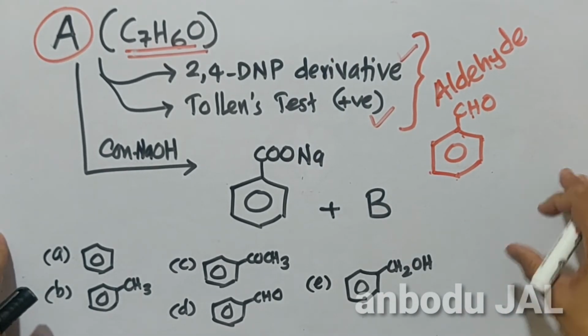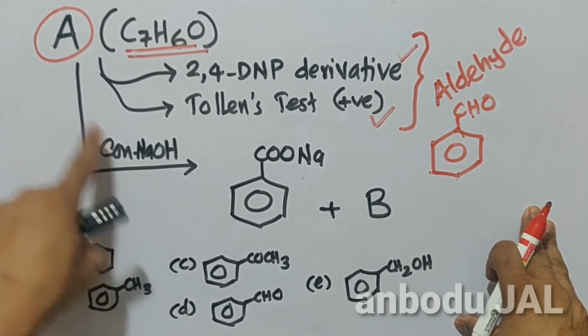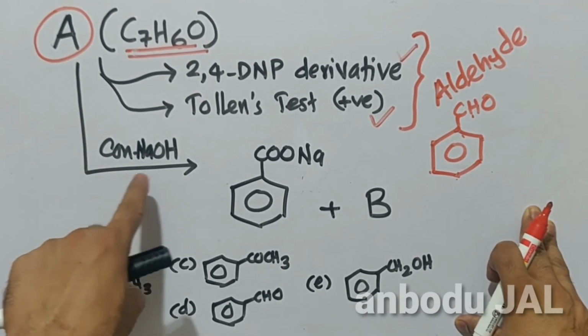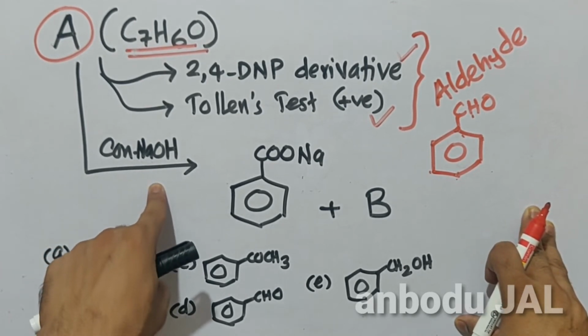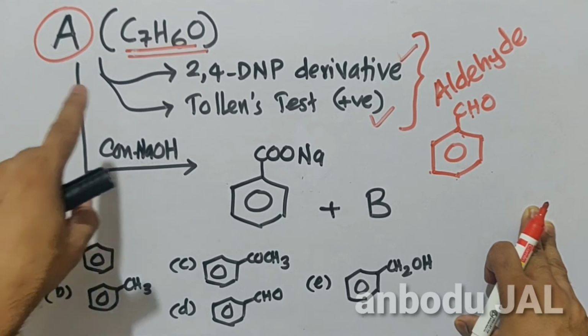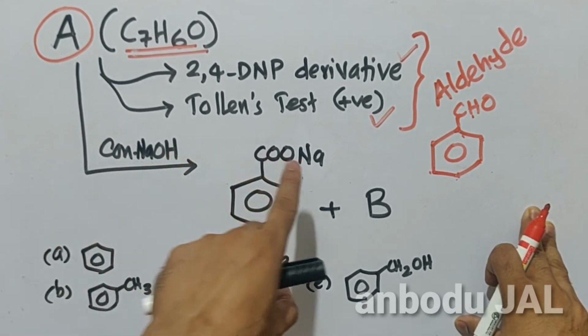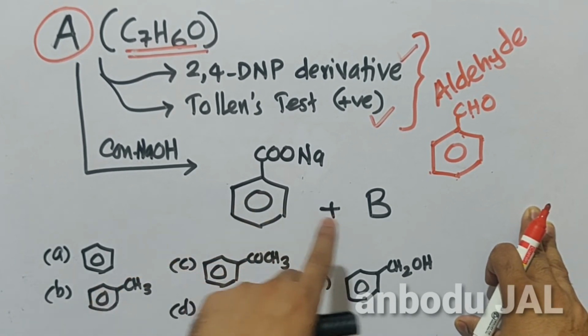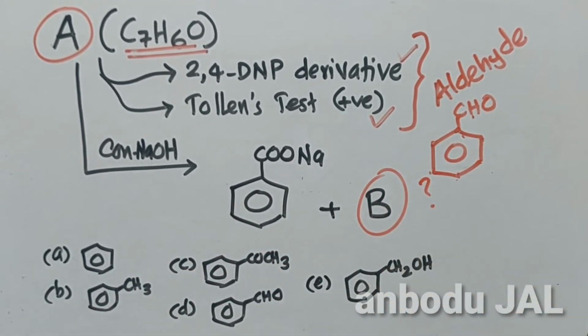Then for confirmation, the next step is given in the question. That is, when the compound is treated with concentrated NaOH, which in the question paper is given as KOH by mistake, sodium benzoate and B are formed. What is B? That is the question.